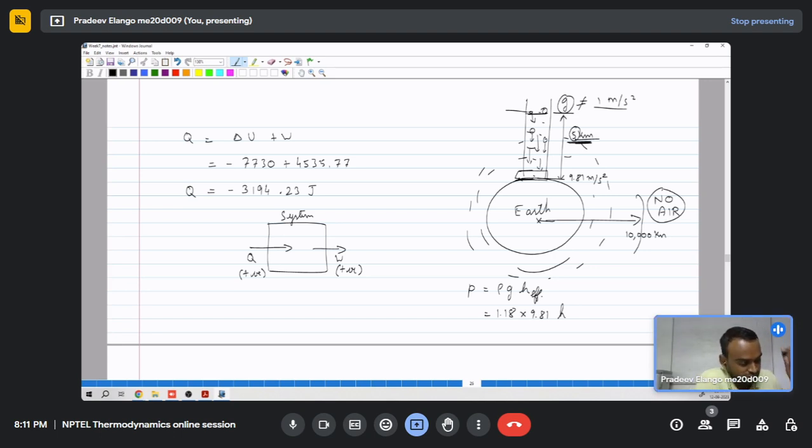So g effective over something like 5 kilometers, 5,000 meters, I can use to calculate some finite pressure. This h is not infinite, so there is some finite air column, and then we can have a finite pressure.